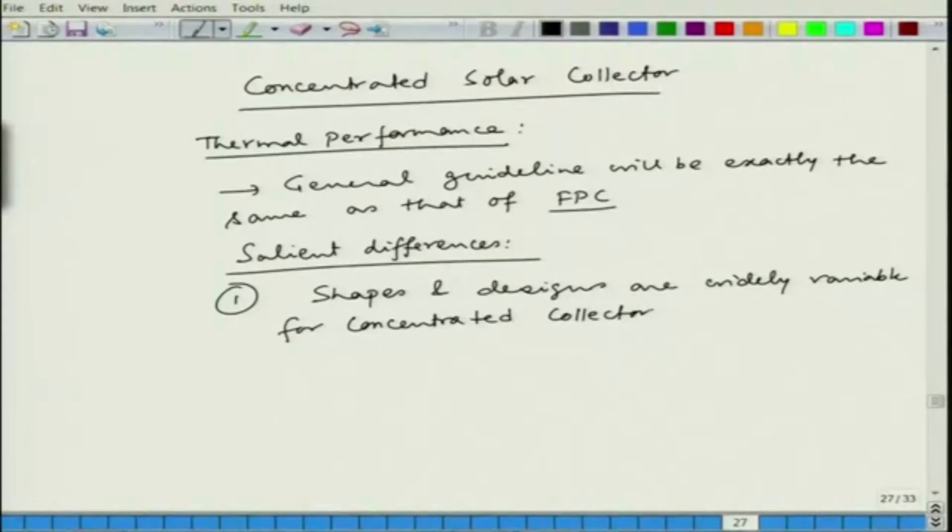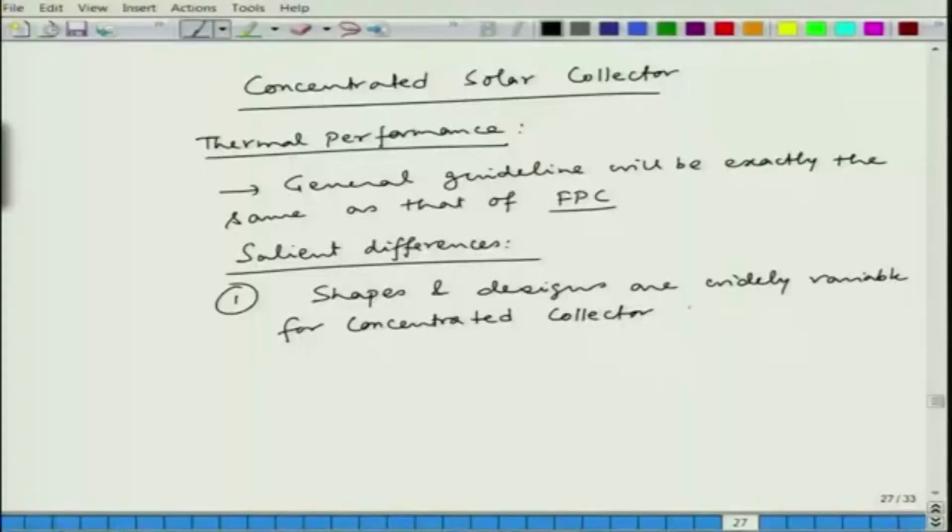Okay. So, shapes and designs, that means geometry is important. We have seen that while we have looked at the liquid flat plate collector and the air heater, okay, and the differences we have looked at. Okay. So, if for a concentrated collector you have wide variability in terms of shapes and designs, then those will be different as well. I mean, that will tell you what would be the thermal resistance circuit and all those things. Okay. So, that thing is there.